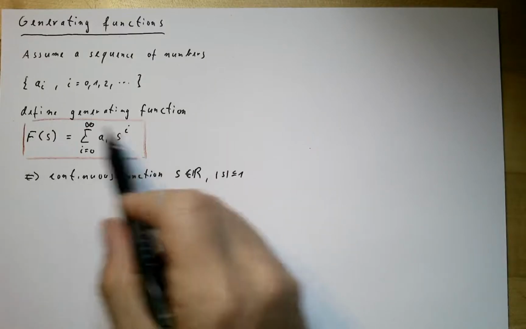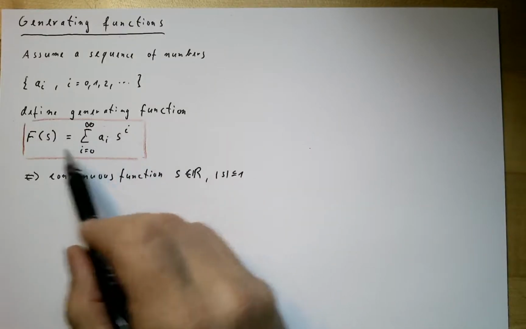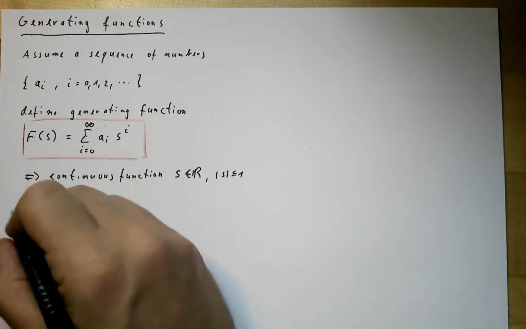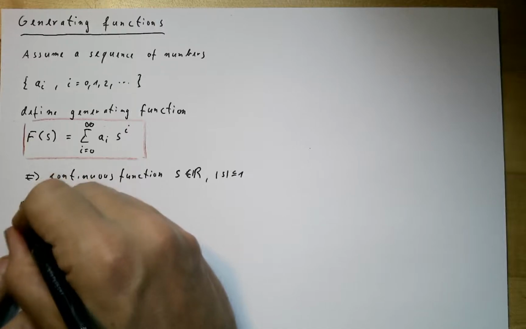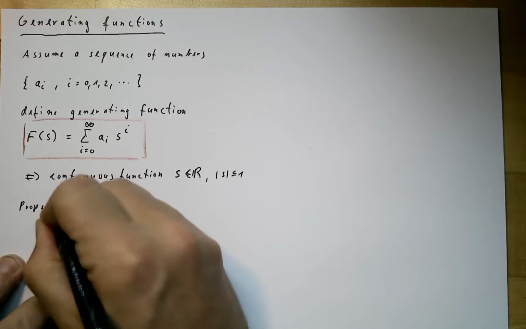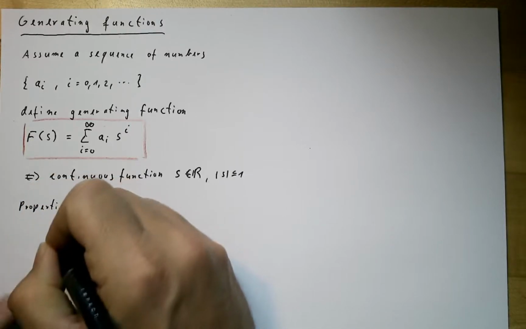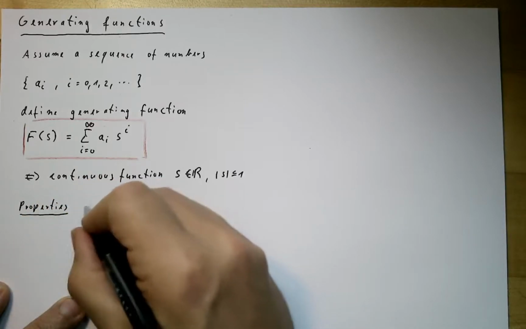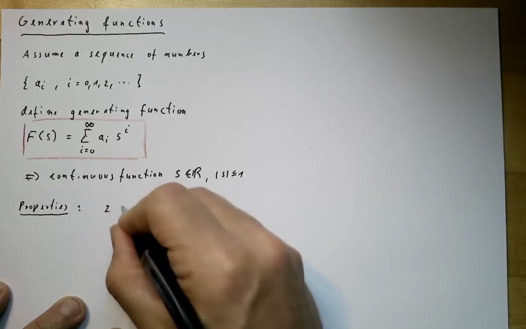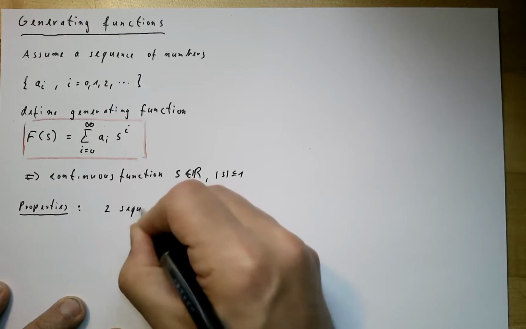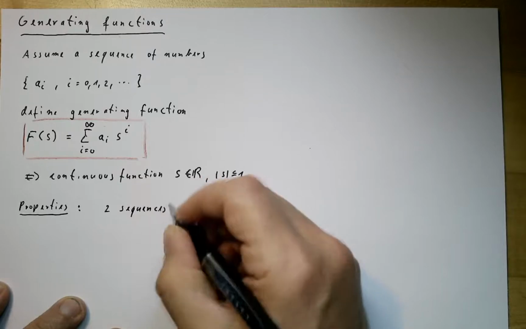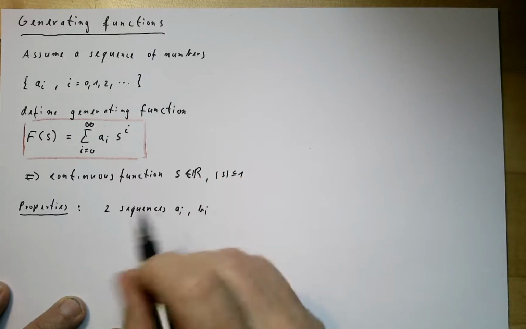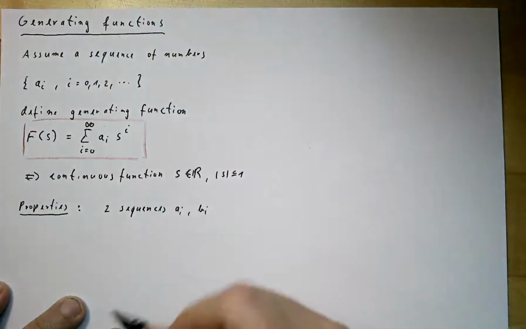Now, what's so special about this generating function? It has some nice properties. Assume we have two sequences, a_i and b_i, so not only a single one, but two of them.